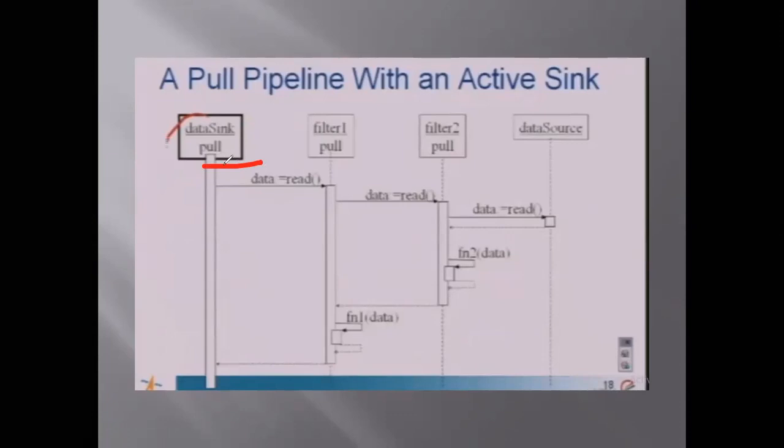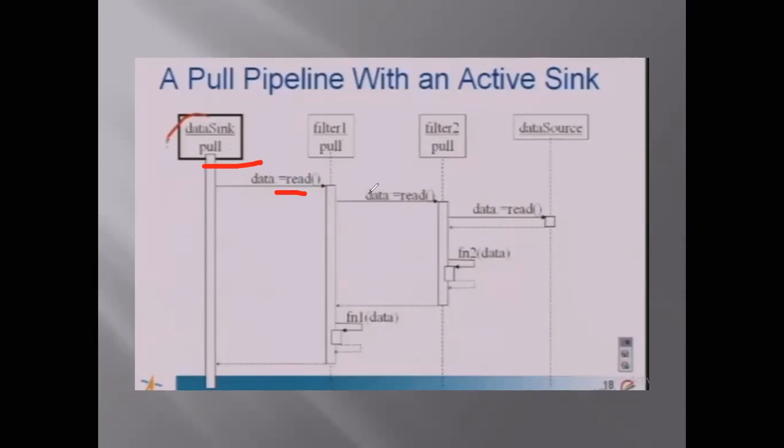So this will initiate the control, and filter one will pull the data from here, and as this is a destination there will be no data in it. We have to remember, it is a data sink and it is a filter. So the filter is trying to read the data from the data sink, and the data sink will be empty.